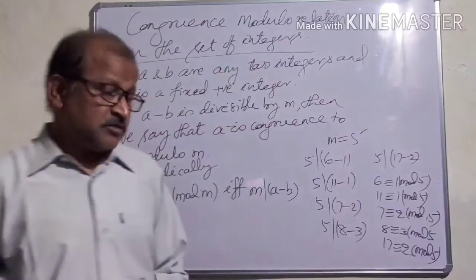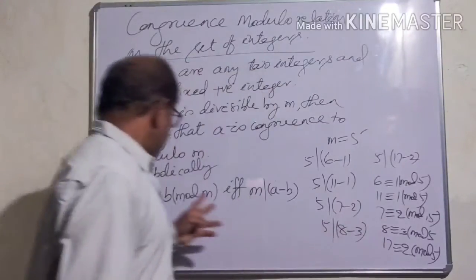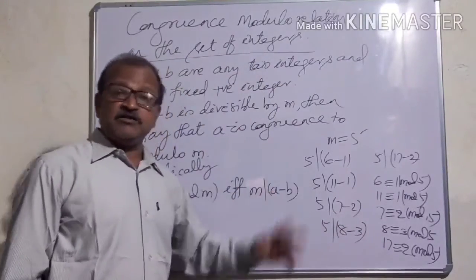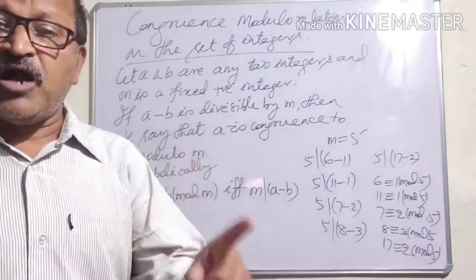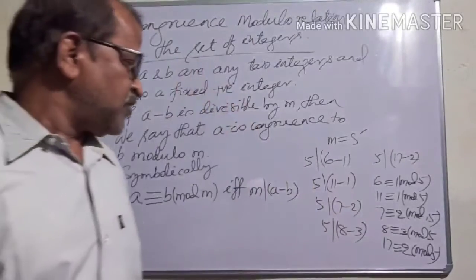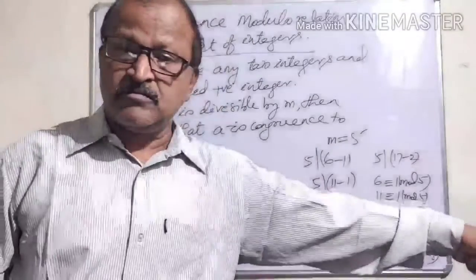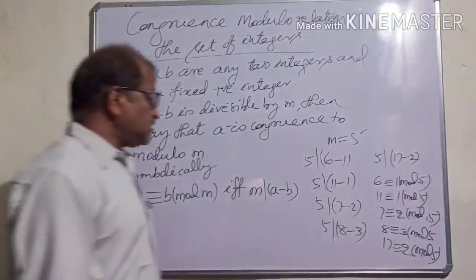Understand? When m divides a minus b, we say that a is congruent to b mod m. Okay, this is the relation.